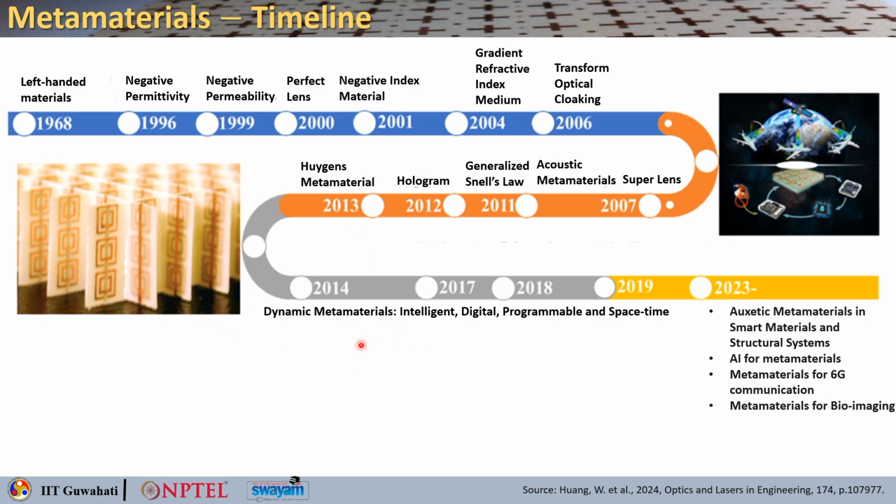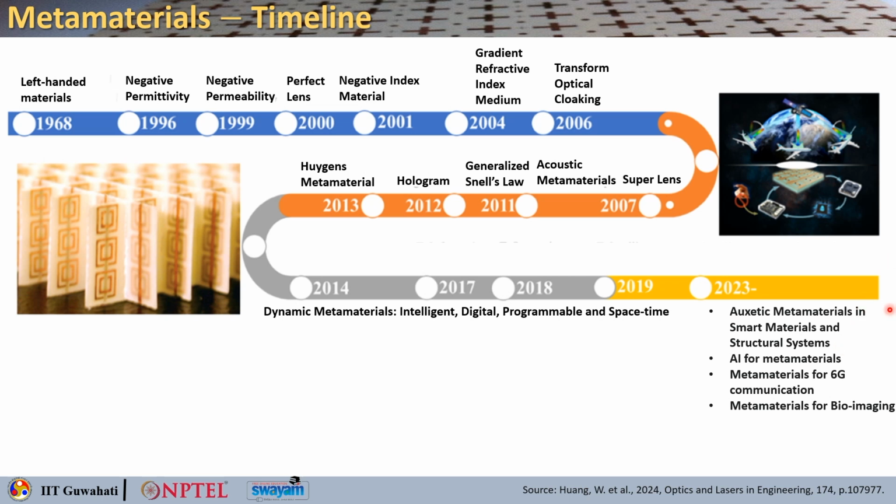Right now, in 2014-17, people have worked towards dynamic metamaterials, the intelligent digital programmable space-time variable metamaterials over these years 17, 18, 19, and recently people are also focusing on auxetic metamaterials in smart materials and structural systems.